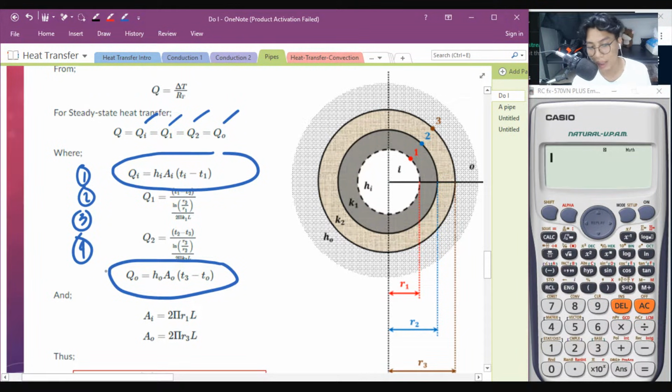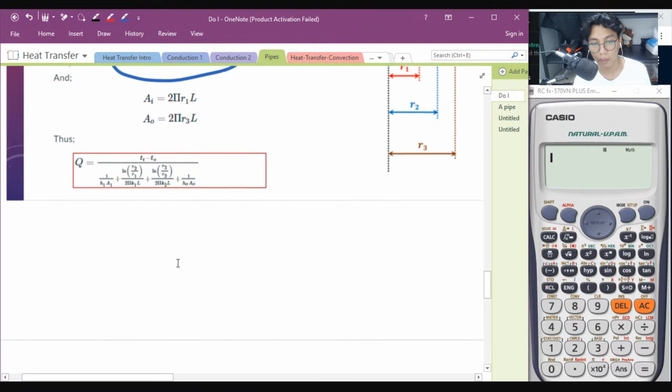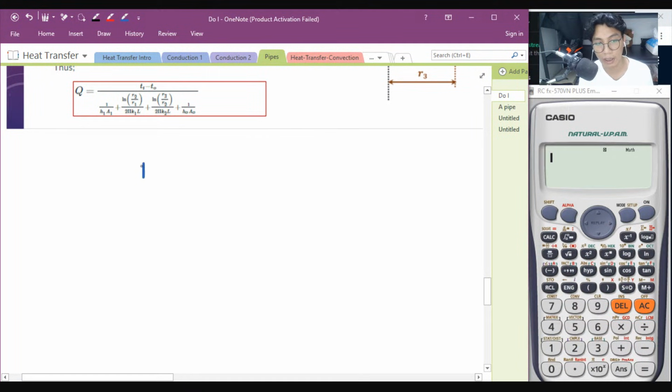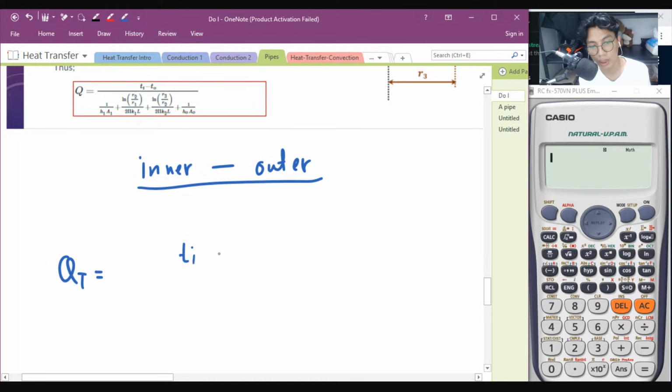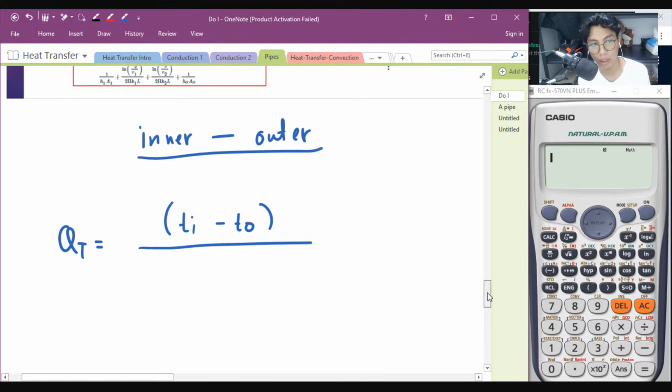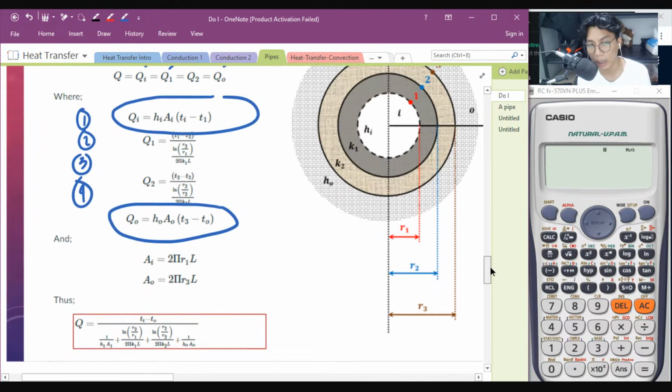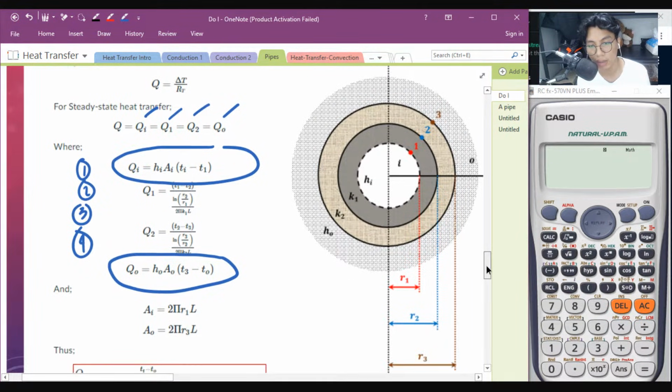How do we combine them? Going from inner to outside, the total heat will be equal to the inner and outer, so Ti minus To, over, start with what you know, 1 over Hi multiplied by the inside area. But what area are we talking about for the inside and outside?